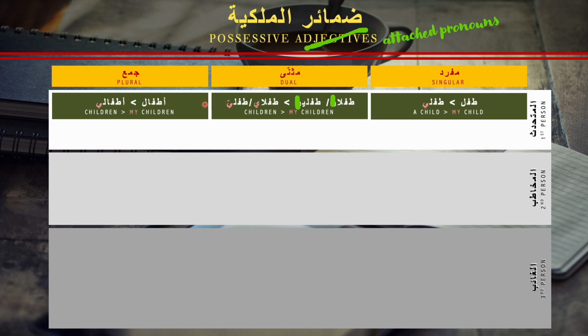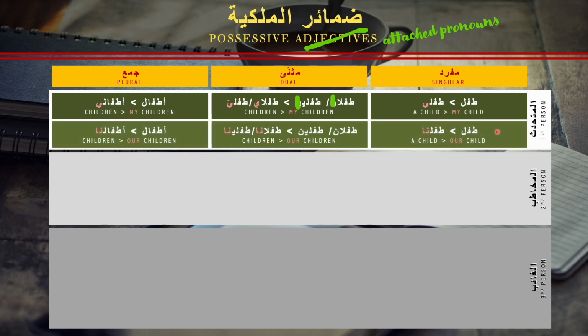Okay, the plural format of children is أطفال. And if I would like to say my children for more than two, it is أطفالي. Before we go any further in this lesson, I would like to mention that in my own dialect and some of today's spoken dialects, when we want to use the dual format, we don't say طفلاي or طفليّ, we say طفليني.